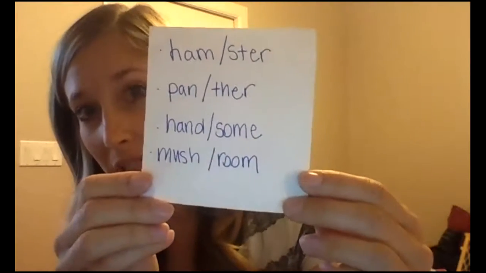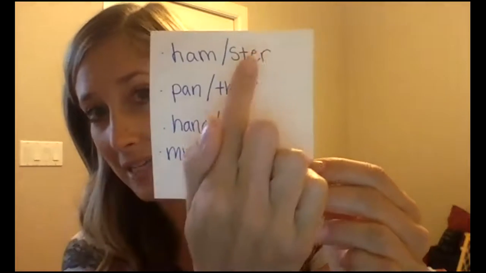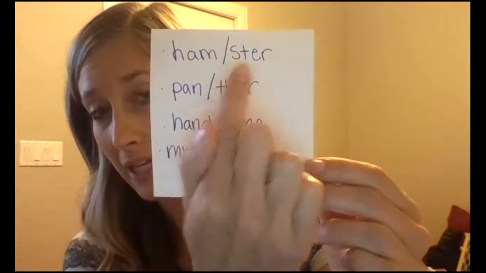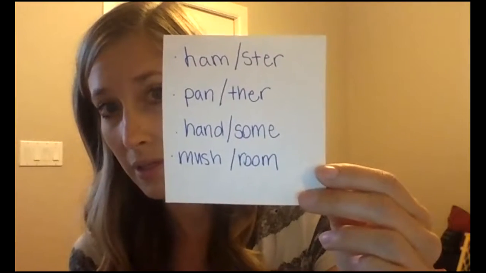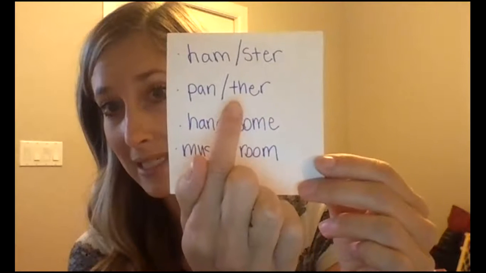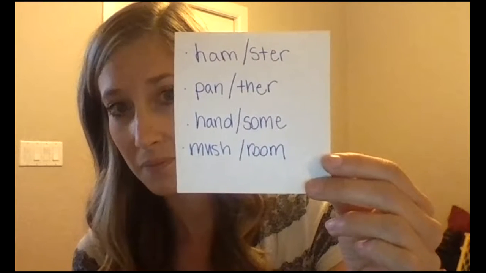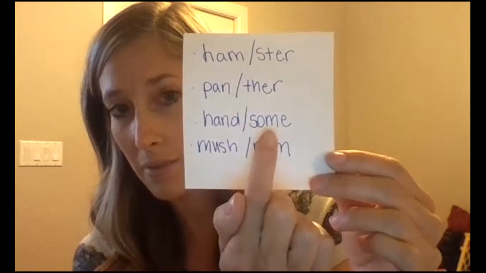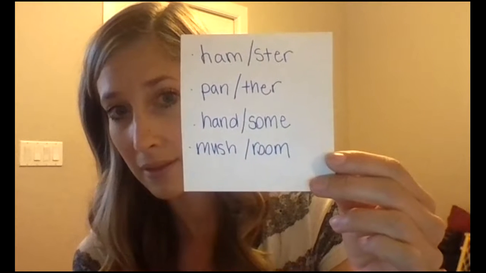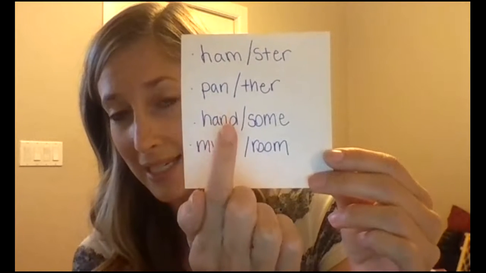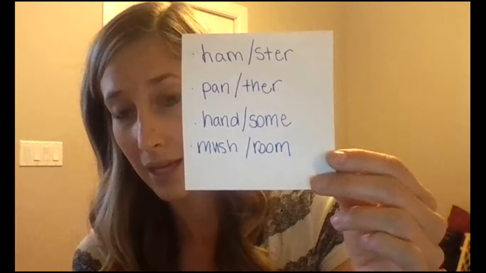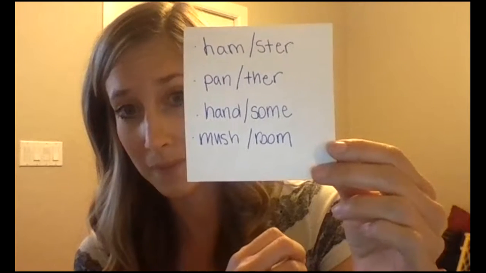So you have hamster, I have the ST at the beginning of the second syllable. I have panther with my TH at the beginning of the second syllable. I have handsome with my ND at the end, excuse me, of the first syllable.